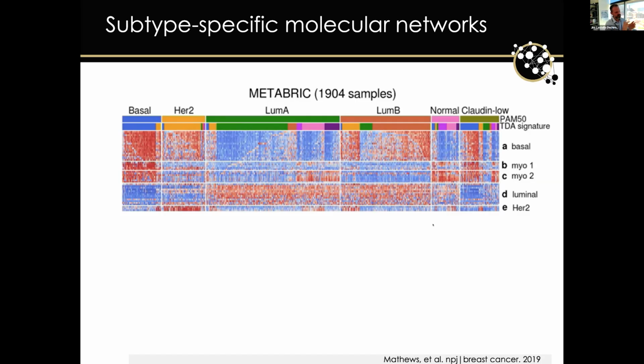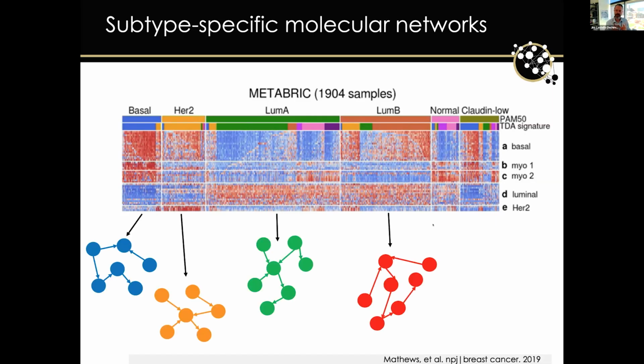Oftentimes we can break those apart by the gene expression profiles, and we can also think about the different underlying molecular pathways or processes, for example the basal lineage or the HER2 lineage, that help drive those different subtypes. So ultimately, what we would really like to be able to do is take that big expression data matrix, decompose it into those different subgroups, and understand what are the molecular pathways or processes underlying or driving those individual components.